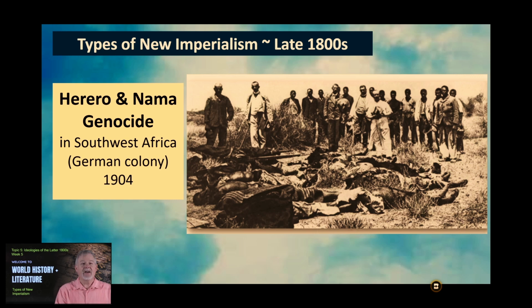Interestingly enough, Hermann Goering, who was like Adolf Hitler's number one right-hand man, his father was sort of the governor over this colony earlier. When he left and another governor came in to control it, that's when these genocides happened. And you can see just by looking at it, it was horrible. They just massacred the people to get what they wanted out of that colony.